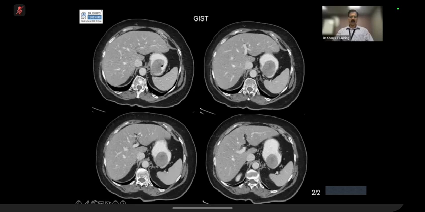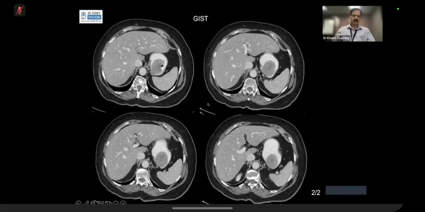Now, this is another case in which this filling defect actually is a GIST on a single contrast barium fill. And on a CT scan, this is what it is with oral contrast.